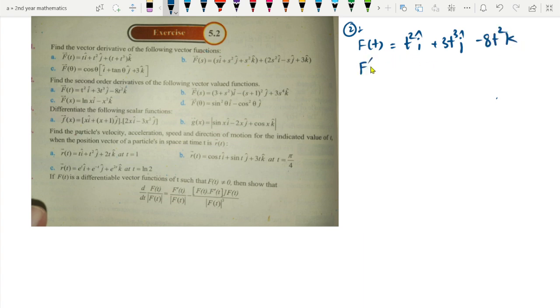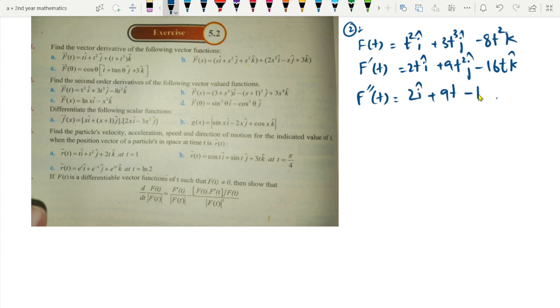Simply, f prime of t is equal to 2t i plus 9t square j minus 16t k. By taking the second derivative of this one, f double prime of t will become 2i plus 18t j minus 16k. So this is the second derivative of this one.